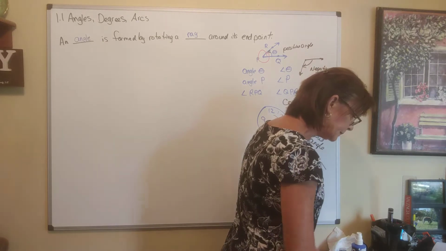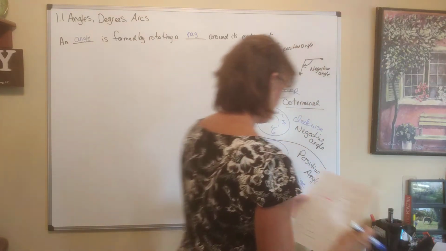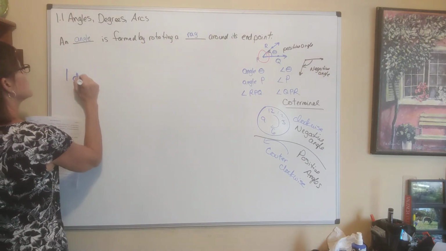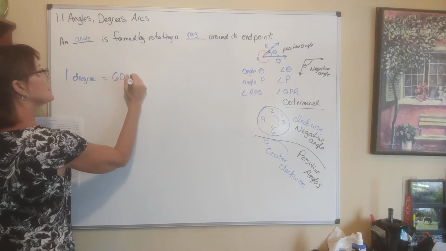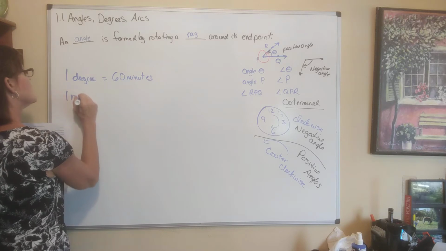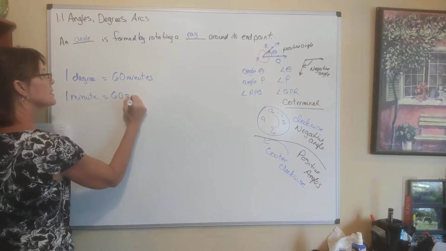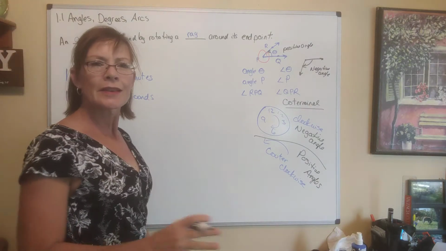Here's the conversion. 1 degree is equal to 60 minutes, and 1 minute is equal to 60 seconds. And so this is what I mean by that. Here is a circle.